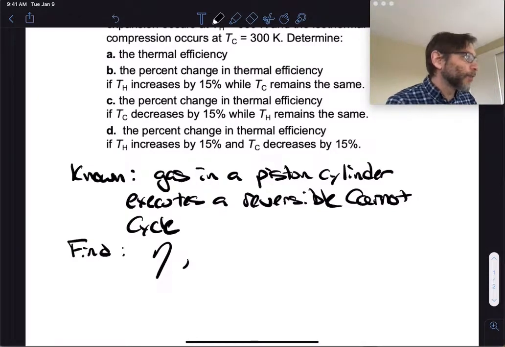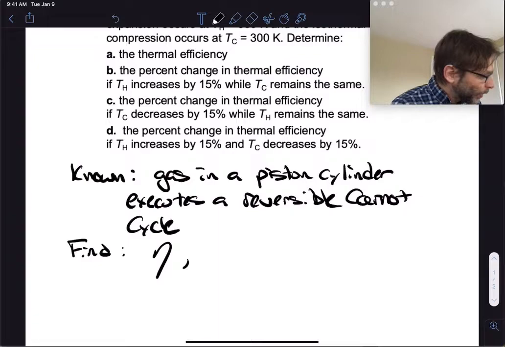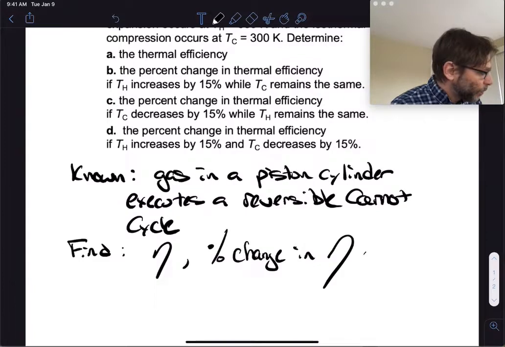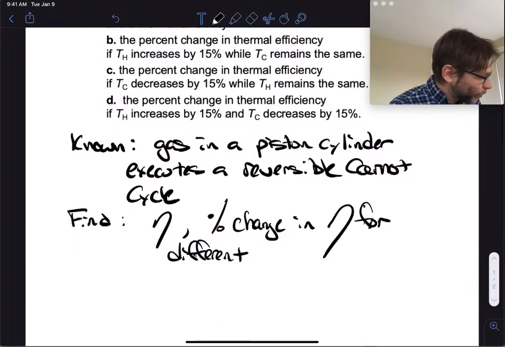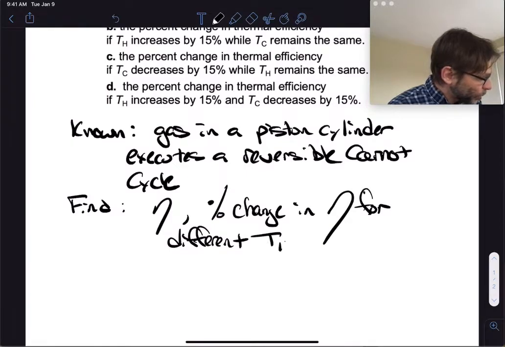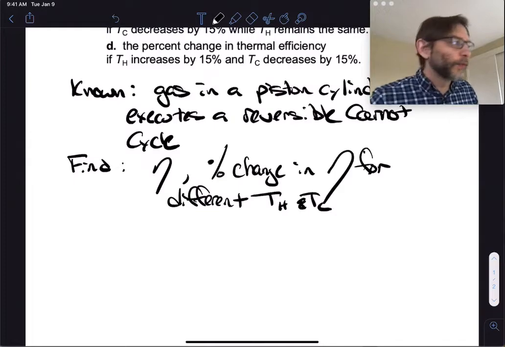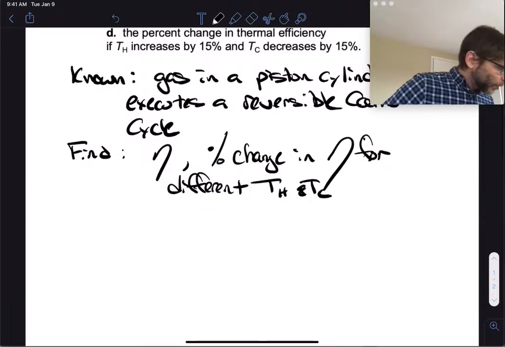So we need the percent change in thermal efficiency for different TH and TC according to the A, B, C, D parts that we have to do. Okay? All right, so let's see.